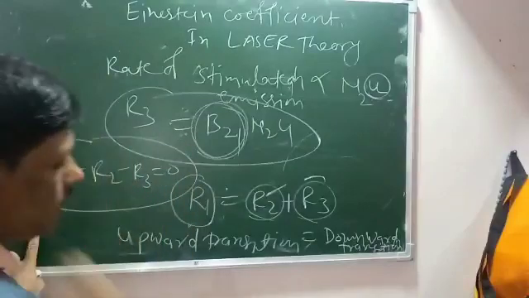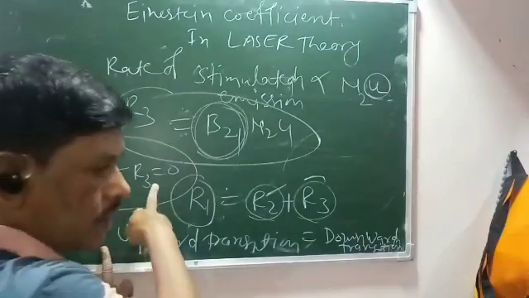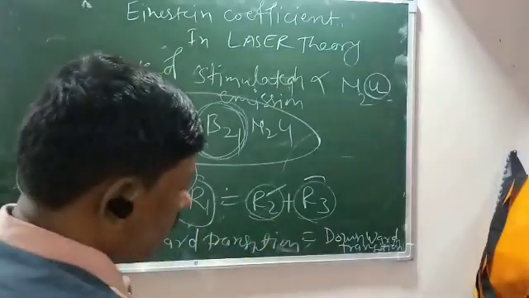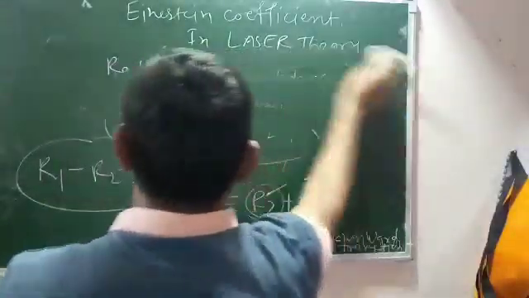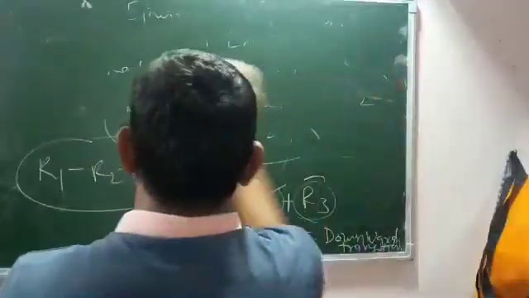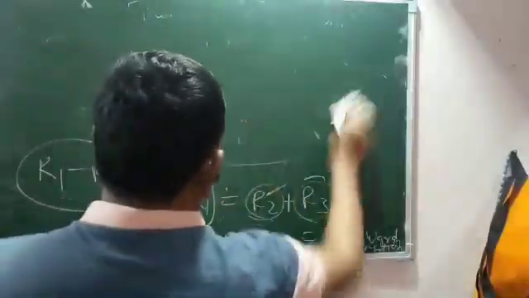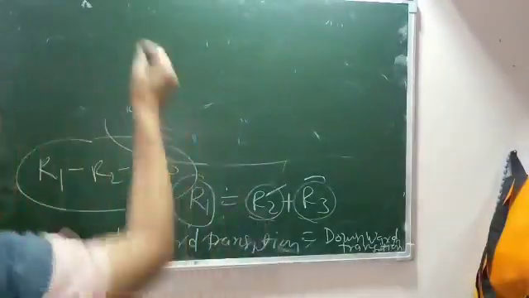So R1 is equal to R2 plus R3. Now put in the values of R1, R2 and R3 and get a suitable relationship between the Einstein coefficients.